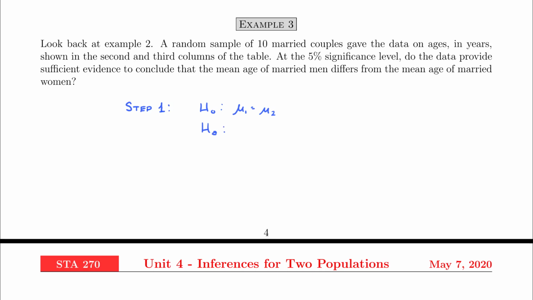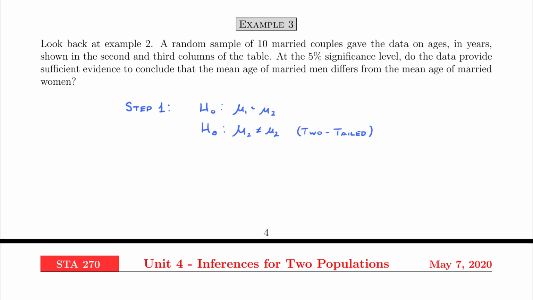The alternative hypothesis is that the means of the two populations are not equal. And we know that this is a two-tailed test. We're going to have two boundary areas for the critical value approach that we would have rejection regions for.